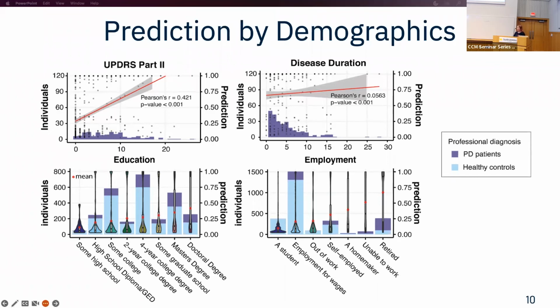But this is probably totally a bias in this data set. Something else is also expected between the employment status and the Parkinson's disease prediction: retired people are predicted higher because they're older, so they more likely get a higher prediction of Parkinson's disease. And for younger people, especially employed people or students, they're less likely to be predicted for Parkinson's disease.